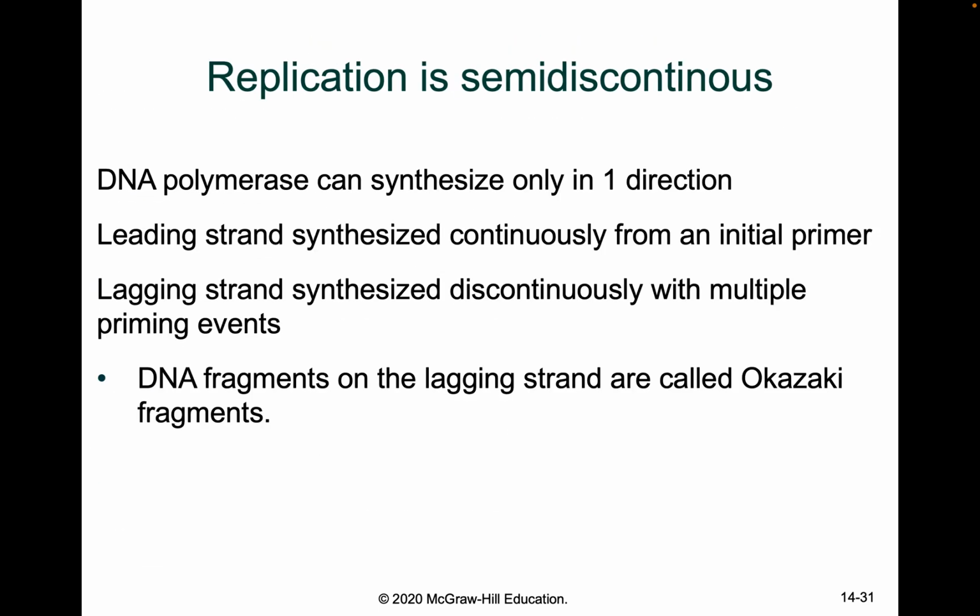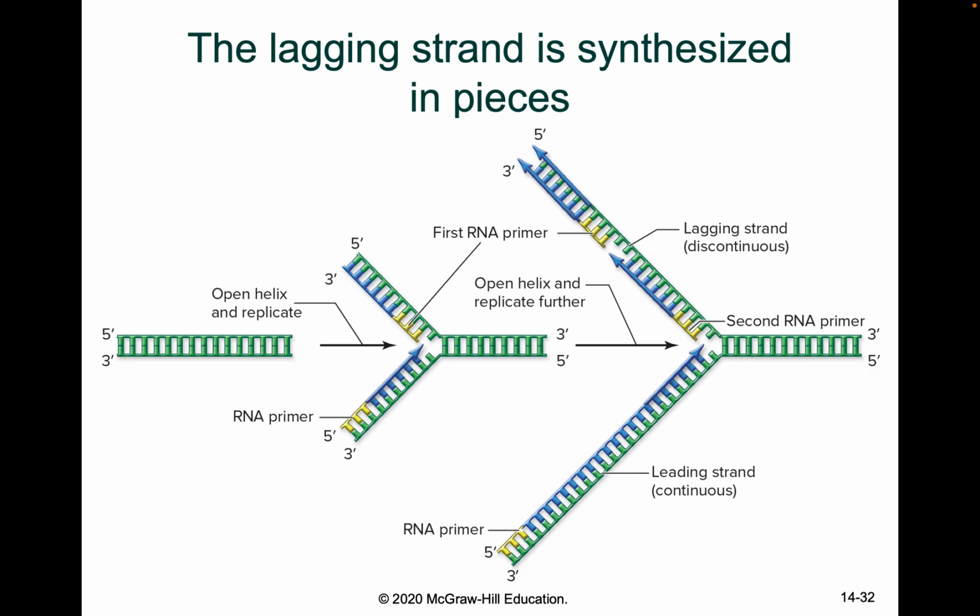Don't you remember that DNA is two anti-parallel strands? One of them is correct, but the other one runs the other way, so it cannot add a complementary strand in that direction. So what happens is you have a leading strand that is synthesized continuously, and a lagging strand that is discontinuous. You have multiple priming events, and we'll talk about them here.